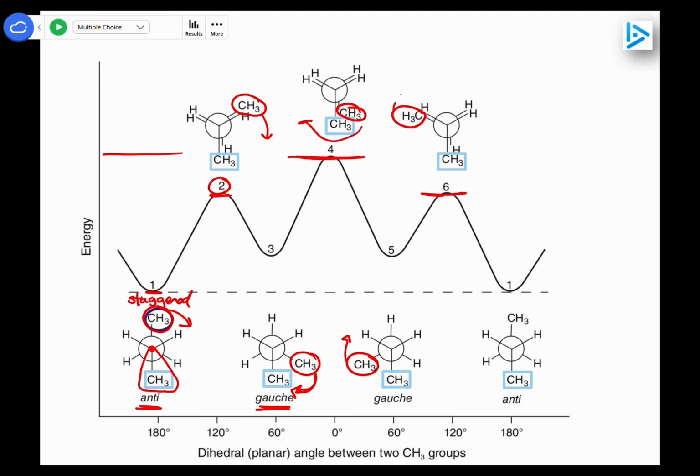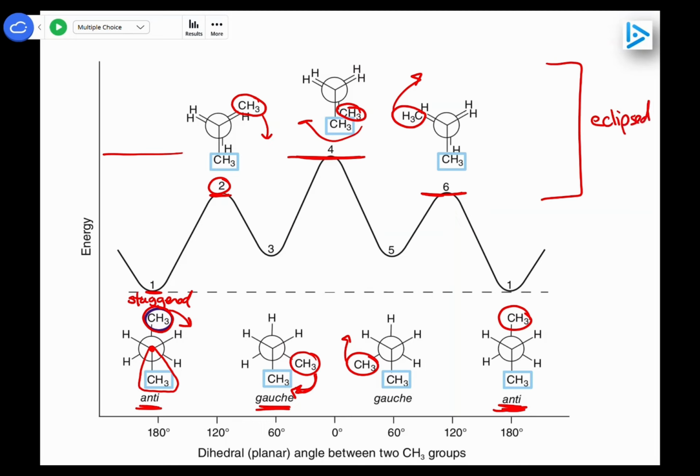We rotate 60 more degrees, and we're back to where we began with conformation number 1. Staggered, so it's lower energy, and the two biggest groups are as far away from one another as possible, so it's back to our anti position. All of these top conformations are eclipsed.